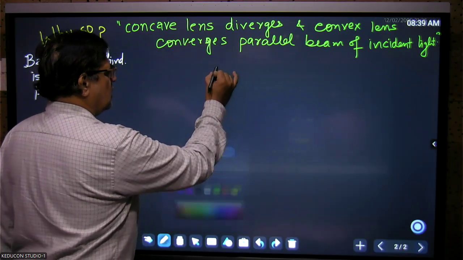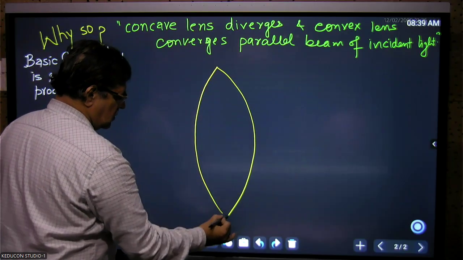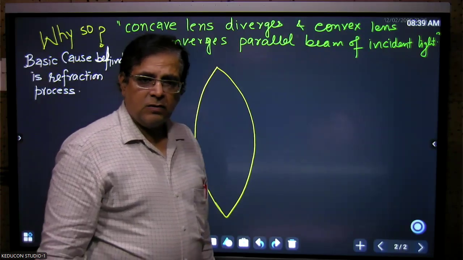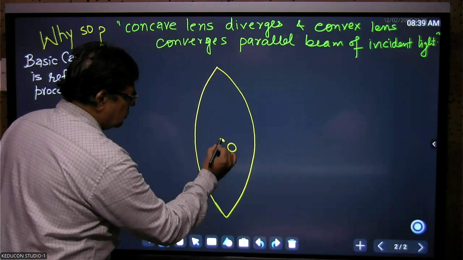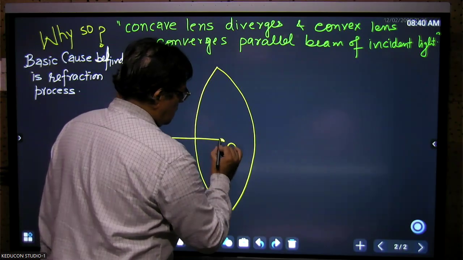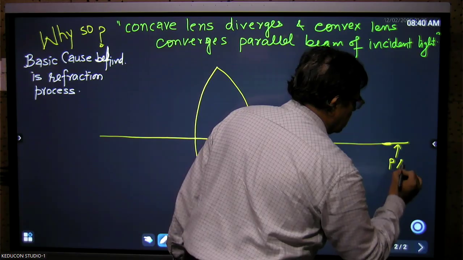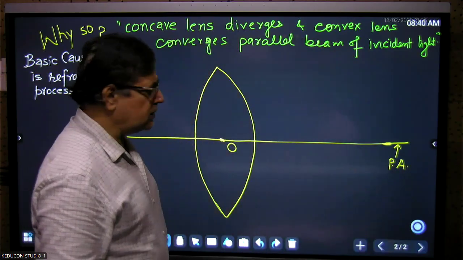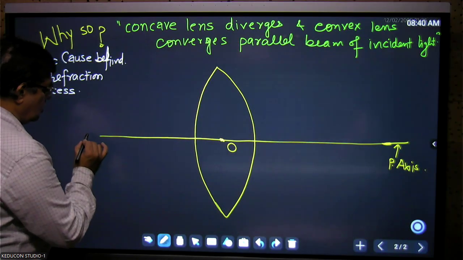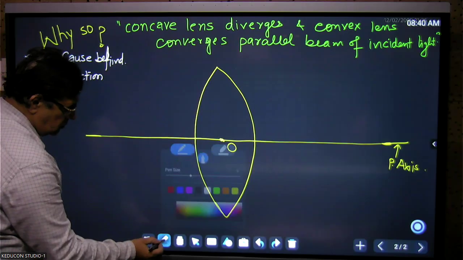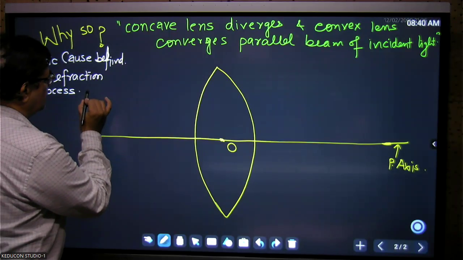Suppose I have made a lens, a biconvex lens, like this. A larger figure is made for the sake of better clarity. And any line which passes through the optical center of the lens, as you all know, is called PA, meaning principal axis. Now I will throw the incident light on it.